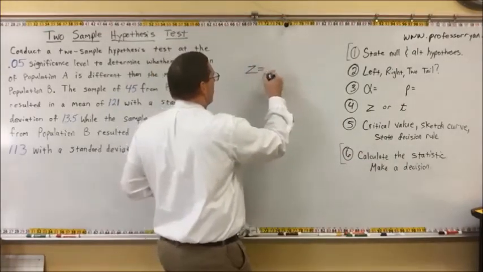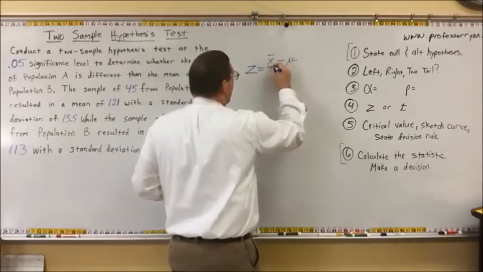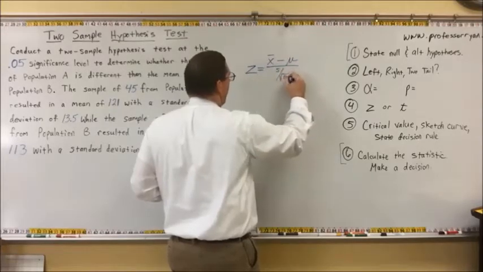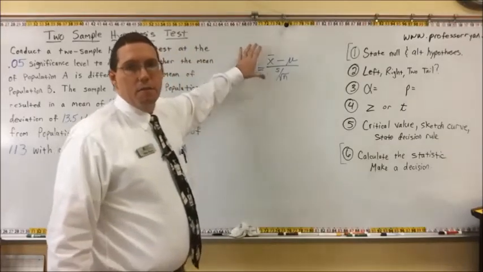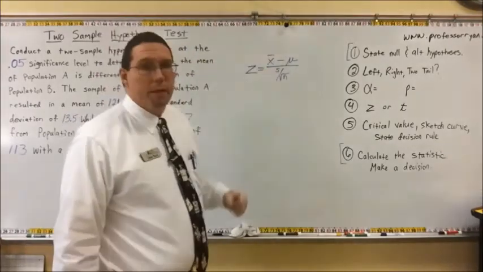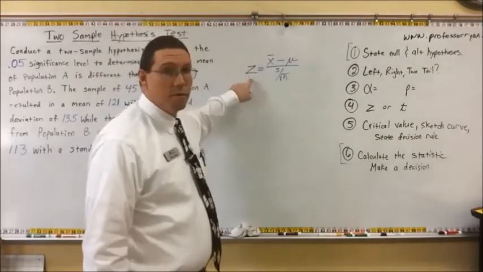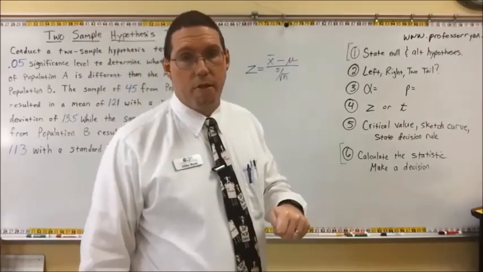If it's a z-test or a t-test, you've been doing x bar minus mu divided by s, the standard deviation, over the square root of n. And I'm going to modify this formula so that you can calculate a z-statistic for a 2-sample hypothesis test.